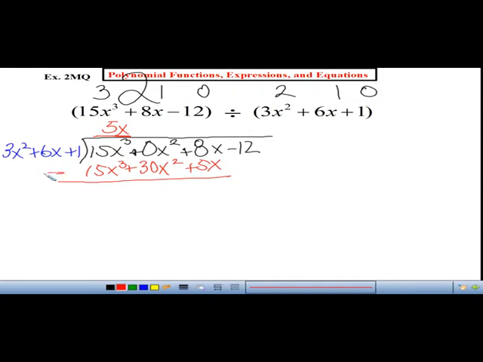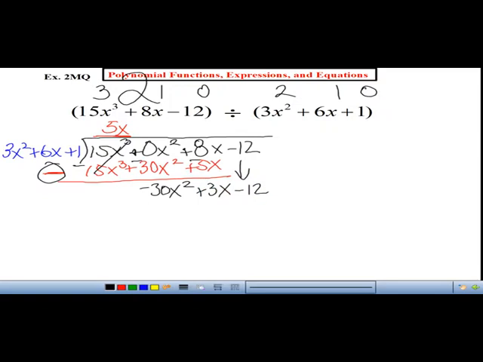We're going to subtract. And what does that do? Once again, guys, this changes all of these to their opposite. This cancels. This one can't cancel, so we just bring down the negative 30x squared. And 8x minus 5x, that's positive 3x. And we bring down the last term, negative 12.